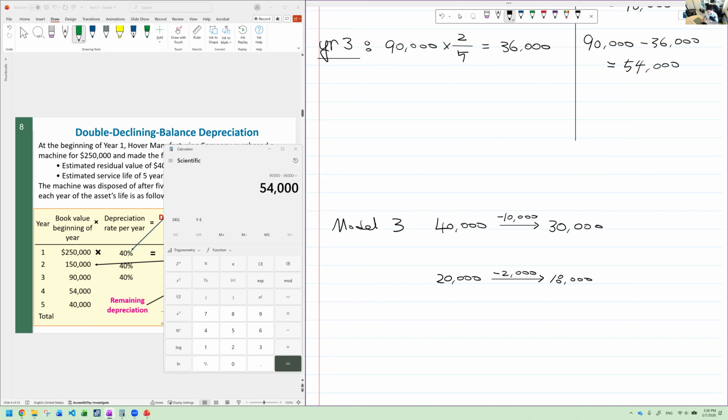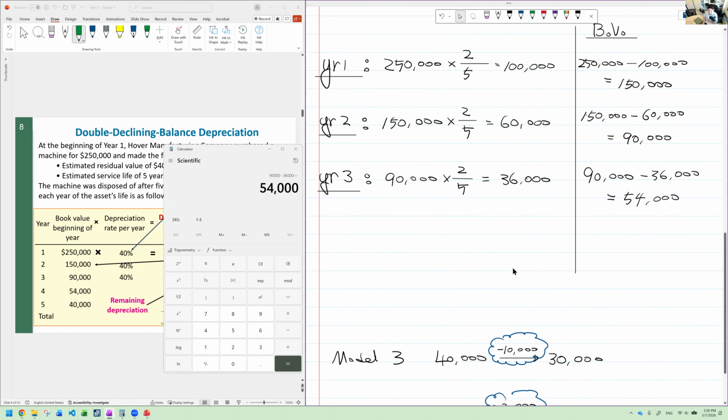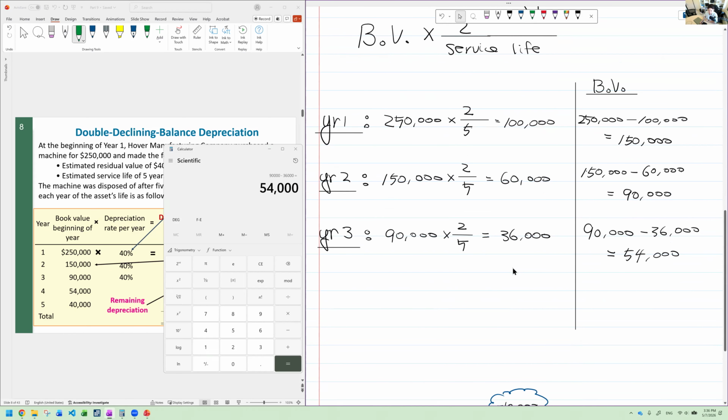Okay. So in the real world, when it comes to long-term assets, the magnitude of the loss of the value in early years tends to be much greater than the magnitude of the loss of the value in later years. So to estimate the difference in terms of the magnitude, accounting standard setters came up with this double declining method.